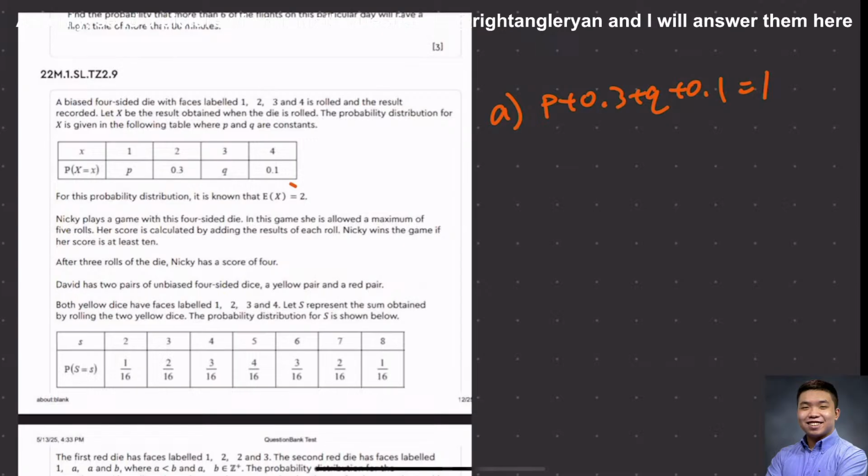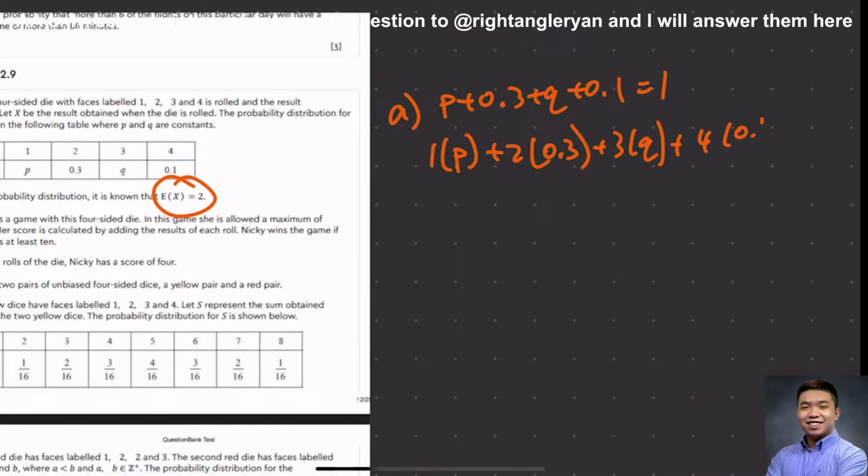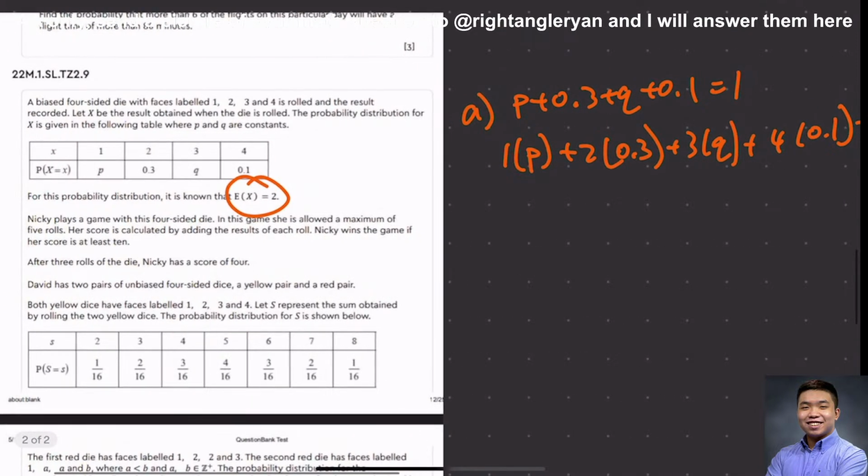I know that I have an expected value of 2, so I'll do 1 times P plus 2 times 0.3 plus 3 times Q plus 4 times 0.1 equals 2. Since this is a paper 1, I need to do it by hand. So P plus Q plus 0.4 equals 1.